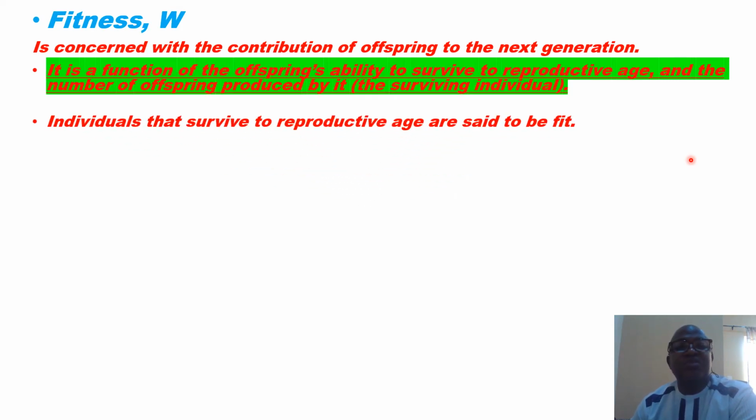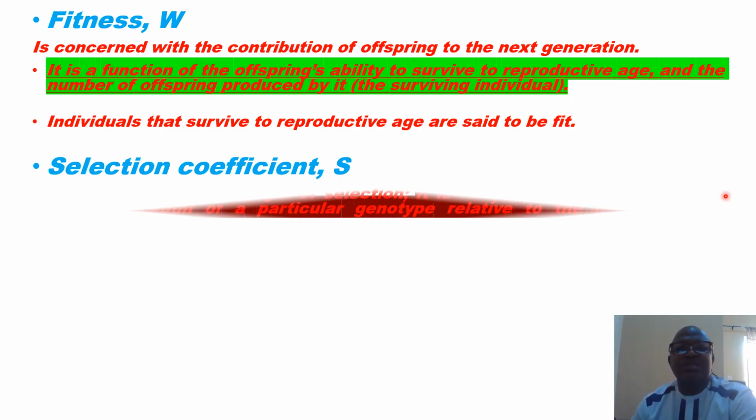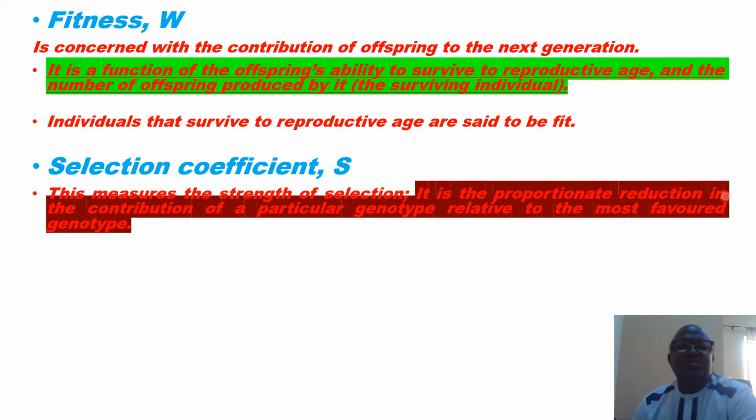So individuals that survive to reproductive age are said to be fit, and the reverse is also true for those that do not survive to reproductive age. They are not fit. So another concept is selection coefficient, represented by capital S. And this measures the strength of selection.